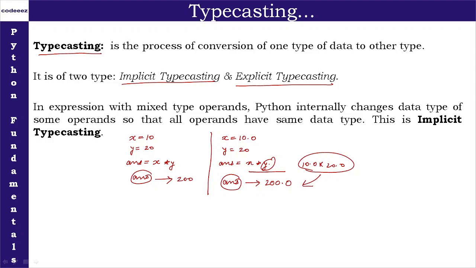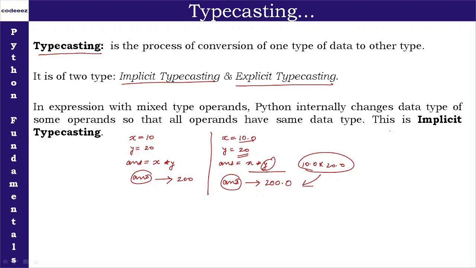Now there may be a question in your mind: why was the value of y changed to 20.0, why was x not converted to 10, right? This question might arise in your mind. Of course it is a good question. The reason behind this is x was of float and y was of integer. Float has a higher memory allocation than integer.